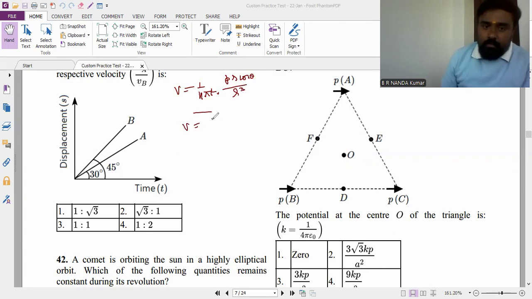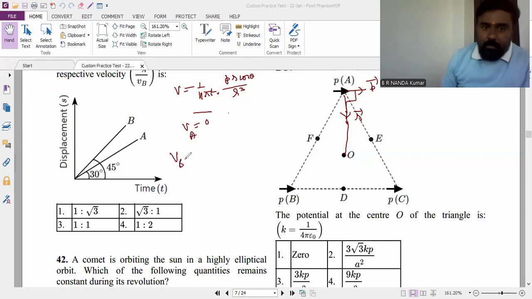So VA is 1 divided by 4 pi epsilon naught. Here this is the P vector and this is the position vector R vector, and they are perpendicular. Cos 90 is 0, so this term goes to 0, so VA becomes 0 here.